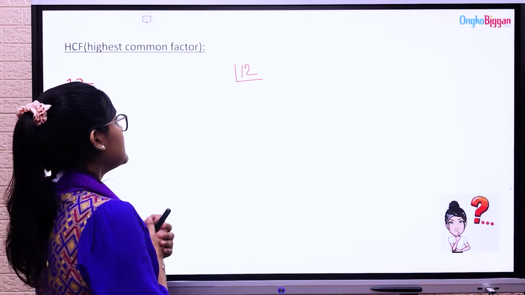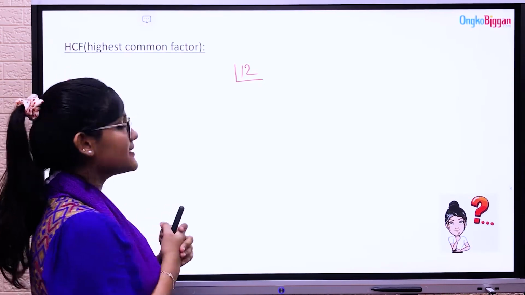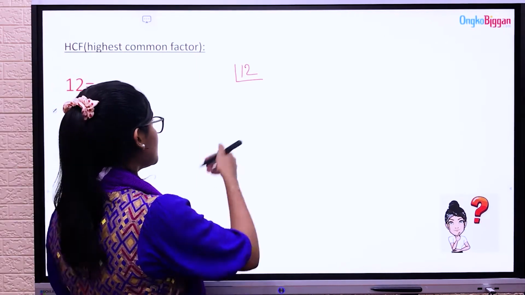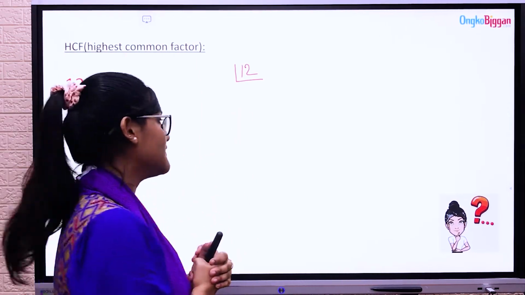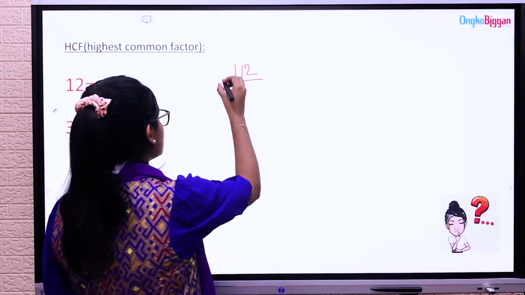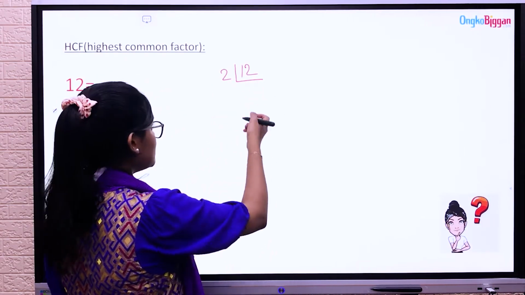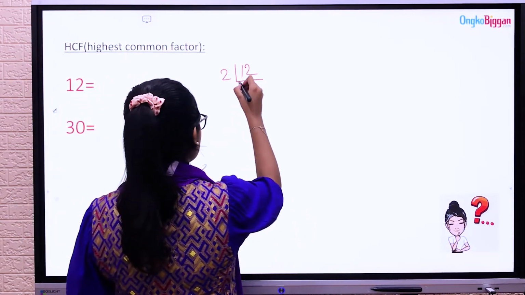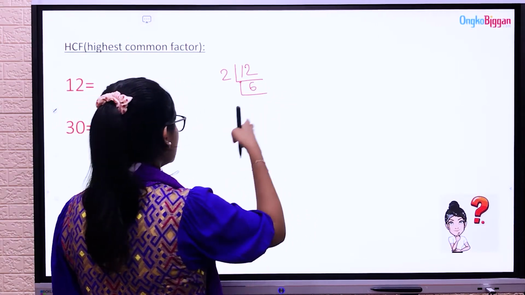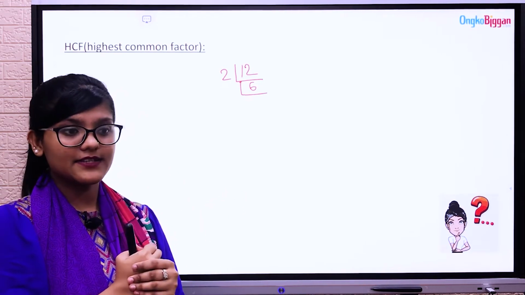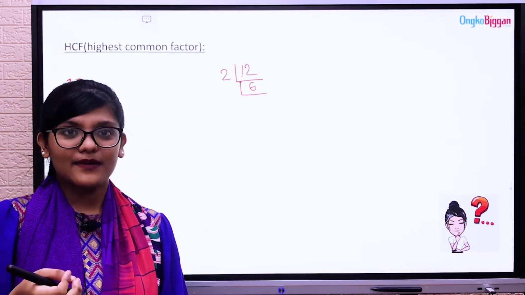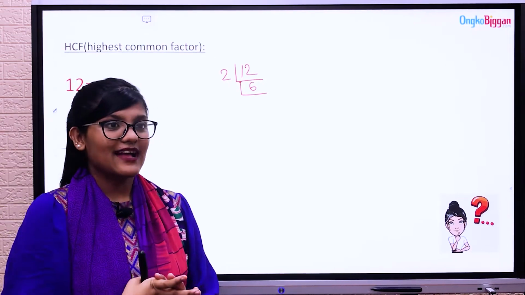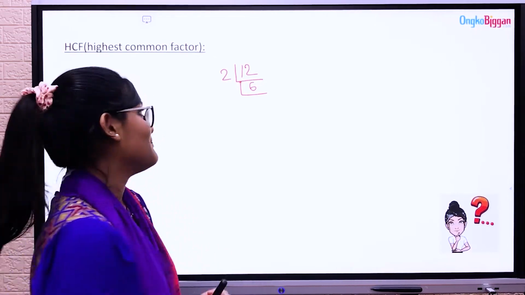So we will not start from 1, we will start from 2. We know 12 is an even number, so it is divisible by 2. If we divide 12 by 2, we get 6. Again, we give this type of symbol. We will continue until we get a prime number, or a number which can't be divided by any number.